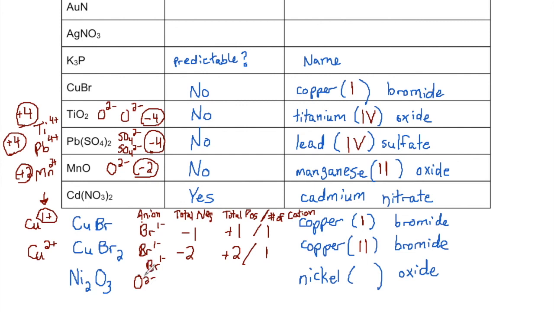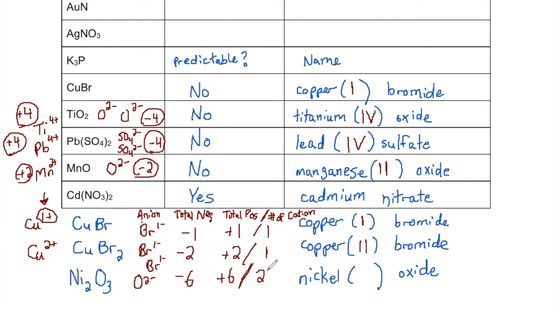Our anion here is oxide with a -2 charge. There are 3 of them, however, so we have a total negative charge of -6. To balance that, the nickel needs to have a total positive charge of +6, and that +6 is carried by 2 nickel atoms.